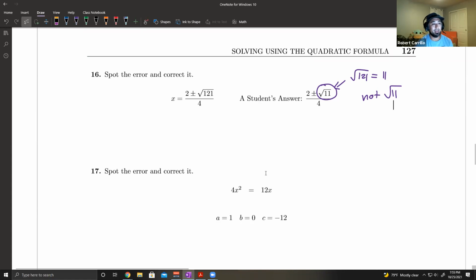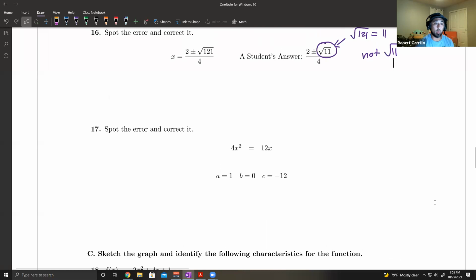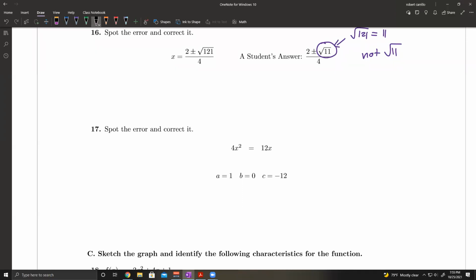All right. And then 17. 4x squared equal to 12x. And they said that A is 1, B is 0, and C is negative 12. What's wrong with this one? B. What should the value of B be? Negative 12.